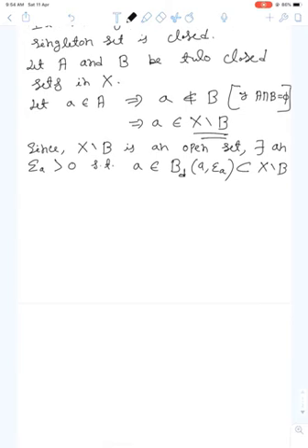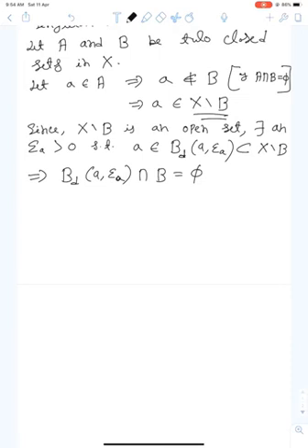Now that will imply this ball does not intersect B, right? And for each point a we can get this kind of ball.